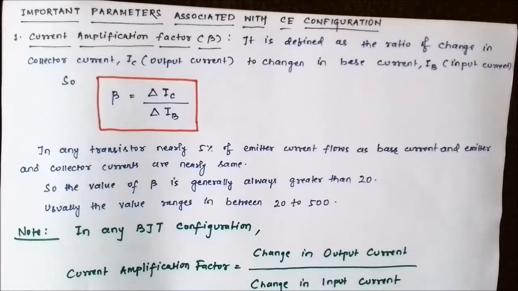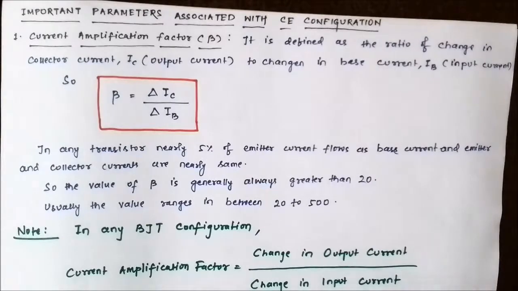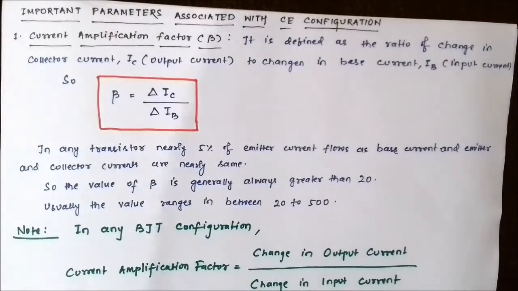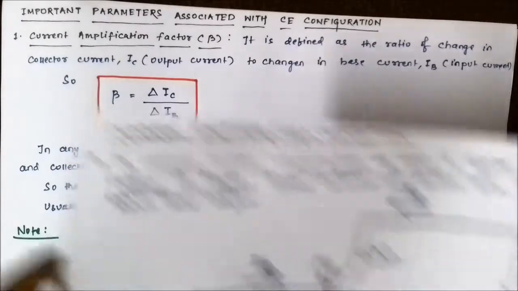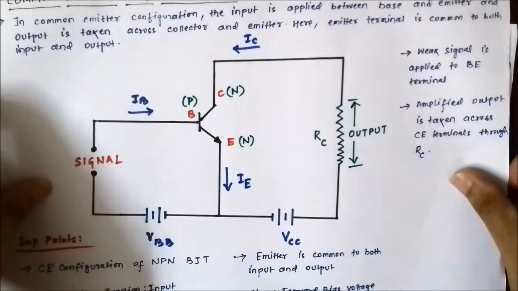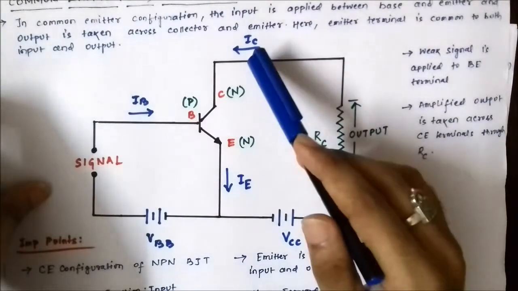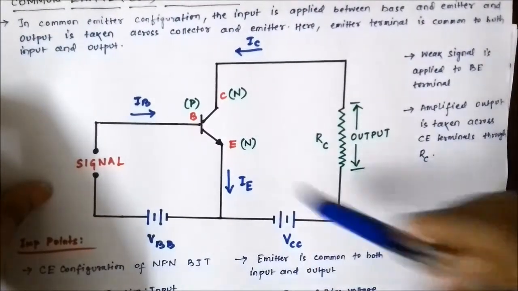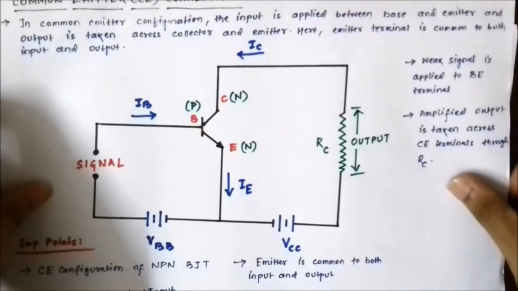Now we know the basic definition of the current amplification factor: it is the ratio between the change in output current to the change in input current. So here in case of common emitter configuration, you can see that the output current is the collector current and the input current is the base current.